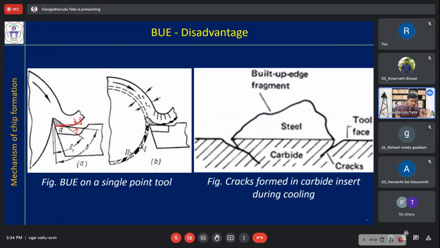But now this built-up edge is acting as a rake surface or the cutting edge. Let us say this is gamma 1, that is the actual rake angle of the cutting tool. This is gamma 2. Now this gamma 2 is higher. So the tool geometry is changing, the effective tool geometry is changing.